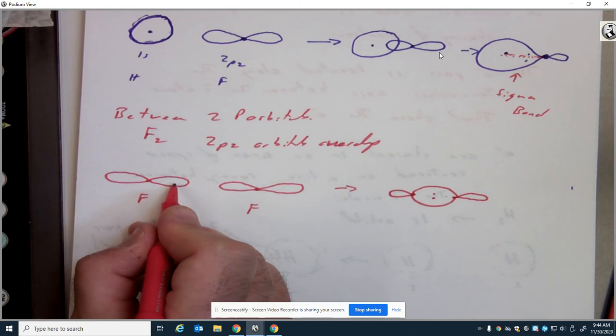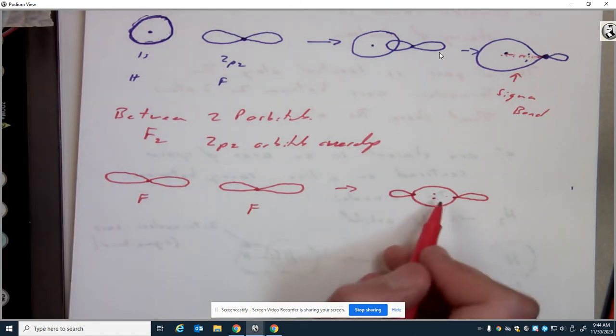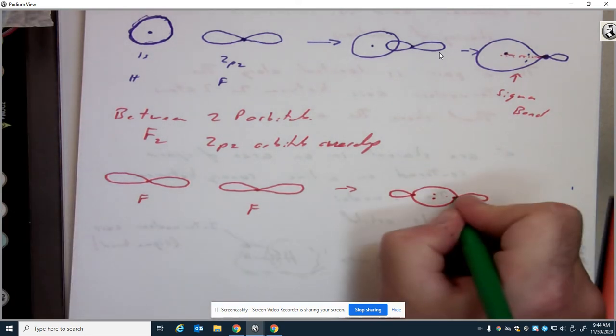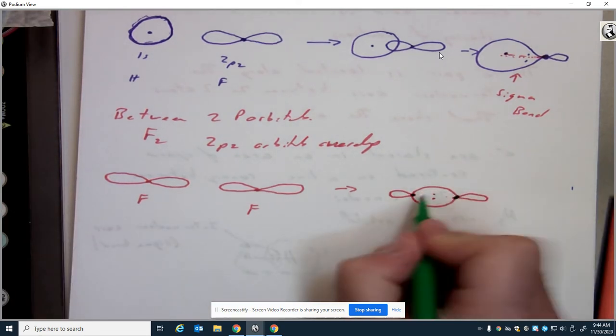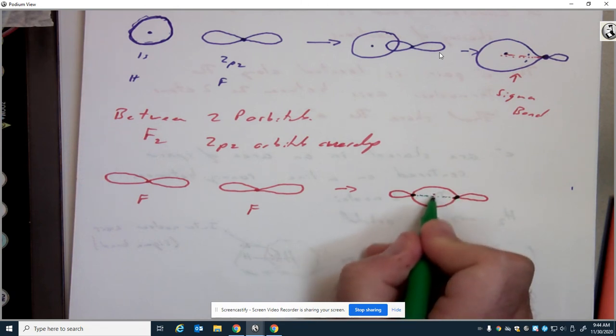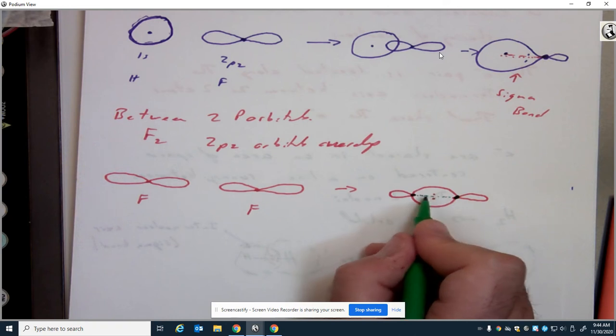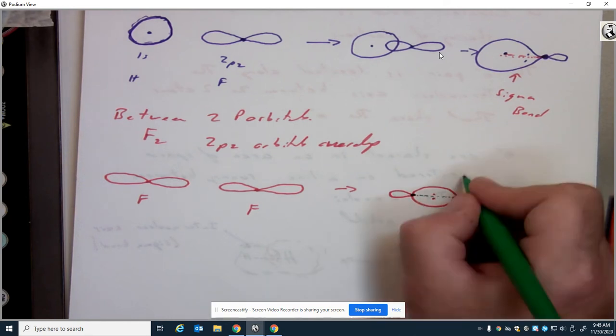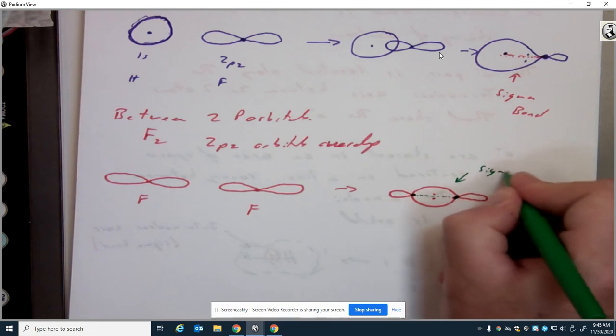Now, this is another example of a sigma bond. Because if we draw this internuclear axis, here's my nucleus over here, here it is here. If we draw a dotted line, there's my internuclear axis. Those electrons are centered on that internuclear axis. So this again is a sigma bond.